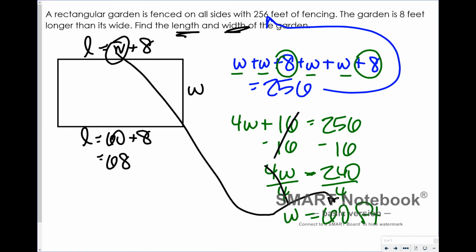Well, 60 plus 8 equals what? 68. So that is our length. Okay. And we are finished with these notes here. Okay. So copy this down.